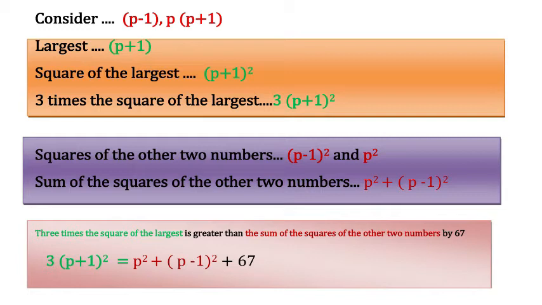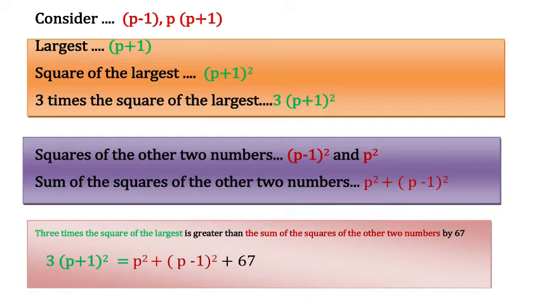This value is greater than the sum of the squares of the other two by 67. Which are the other two numbers? p minus 1 and p. What would be their squares? The squares of the other two numbers would be p minus 1 whole square and p square.